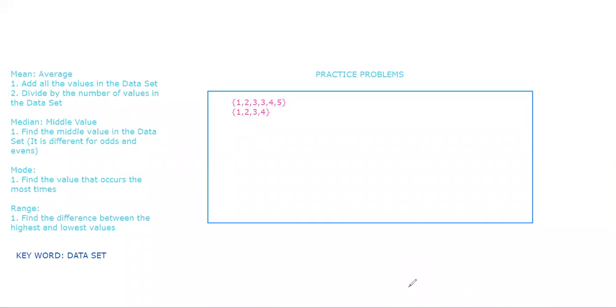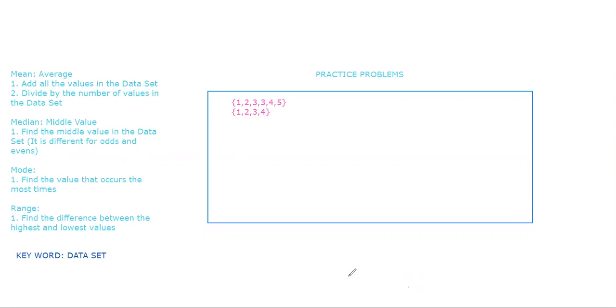First, let's find out what the mean is. Mean, the same thing as average, is the technique we use to find what the average is. So the steps for finding the mean: number 1, add up all the values in the dataset.